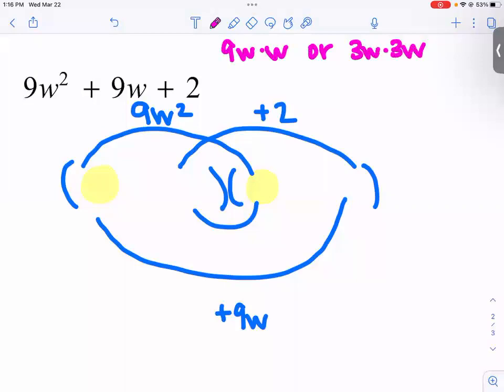So I always suggest starting with the numbers closest together first. So like in our previous example, we started with 2 times 3. And if that didn't work, we can move to 6 times 1. Here, I think it would be helpful to start with 3w and 3w. And if it doesn't work, then we can switch to 9w and w.